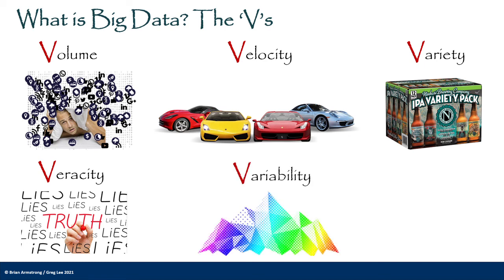Another interesting one is variability. Here we talk about peaks and troughs in data, and we do see large peaks and troughs. This presents a particular problem because very often the kind of processing and computing that deals with the data can't cope, especially with very high peaks. The poster child for this would be Black Friday and its effect on retail websites.